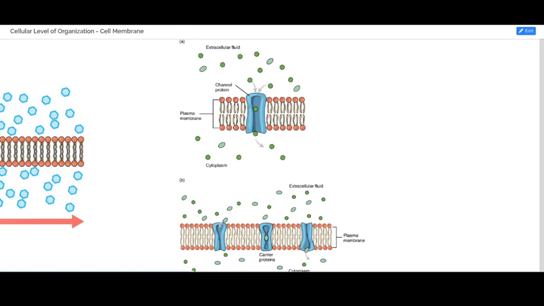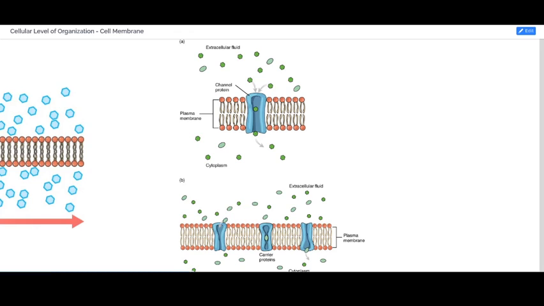Now, proteins, because of how they're made with amino acids, can be tailored to fit the molecule. The outer surface of the channel, as it's passing through that hydrophobic region, is also going to be hydrophobic. The inner surface of the pore is going to be hydrophilic, where the charged particle can pass through.